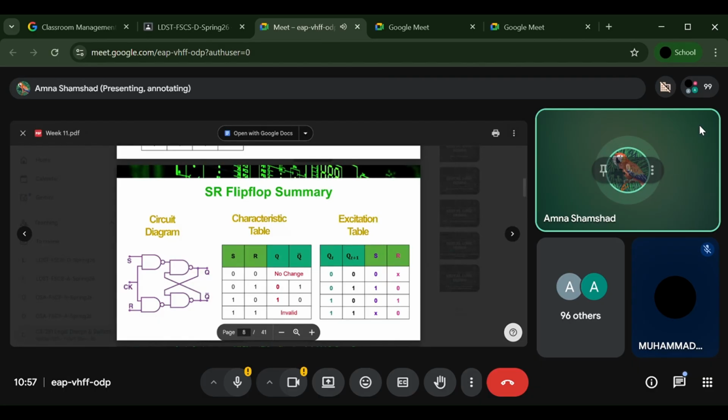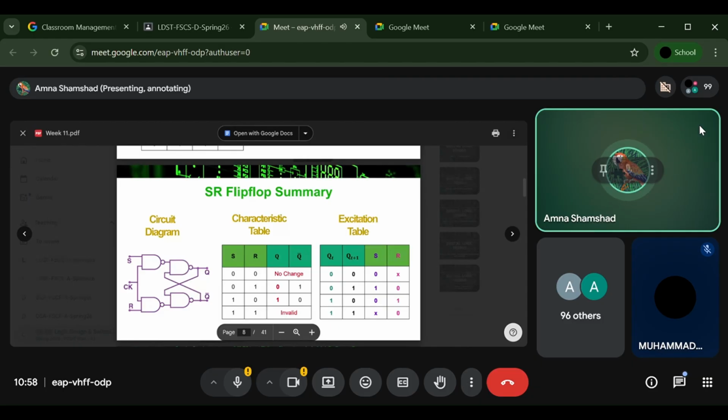So S is 0, but R can be 0 or maybe 1. This may be written as 0 and don't care.